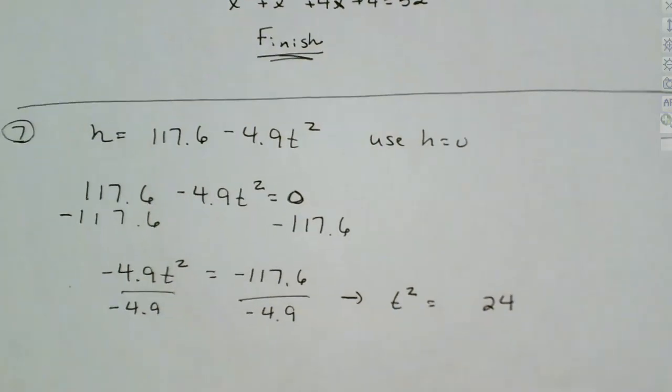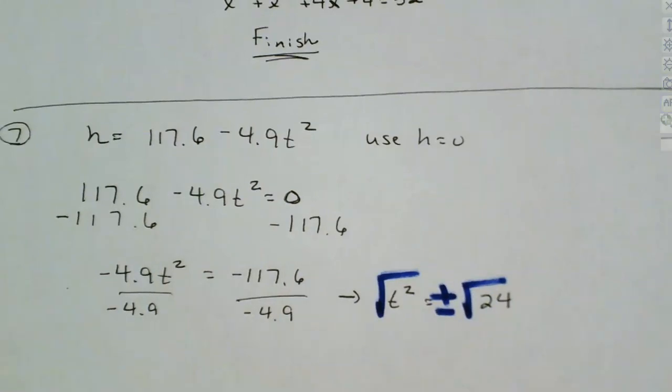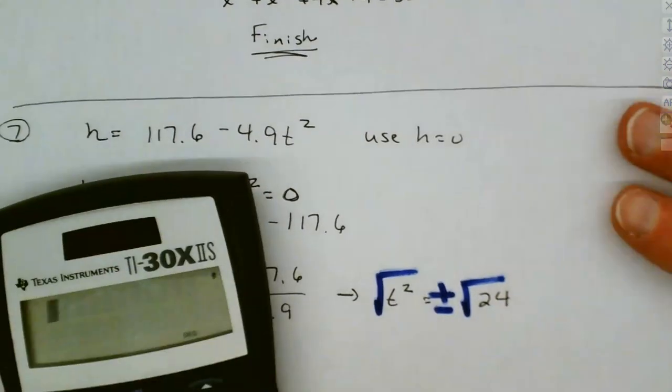And now we know what to do. Use the square root property. Add on your plus or minus. Okay, now, what does it say? It says, how many seconds will it take the rock to hit the ground? So, does it say anything about rounding? No. 24 is not a perfect square. So we're going to use our calculator, and we're going to get it to the nearest second.